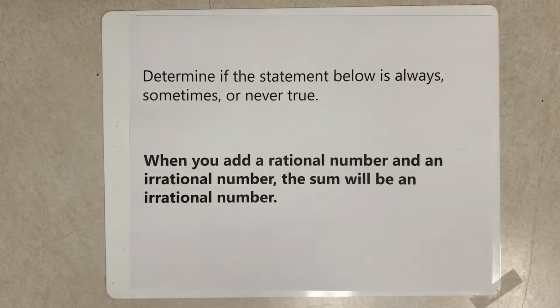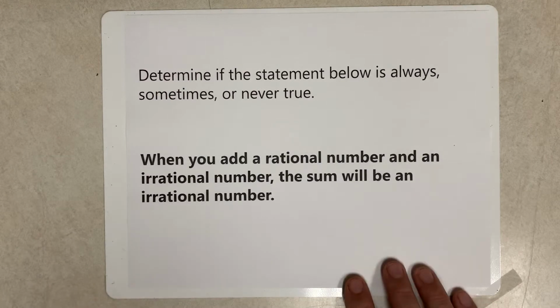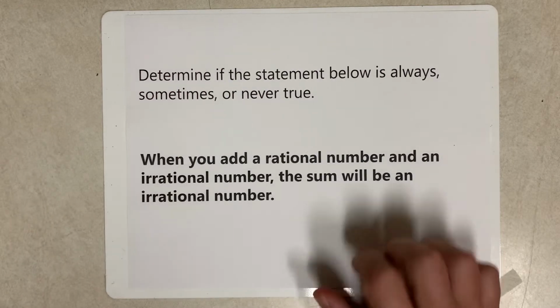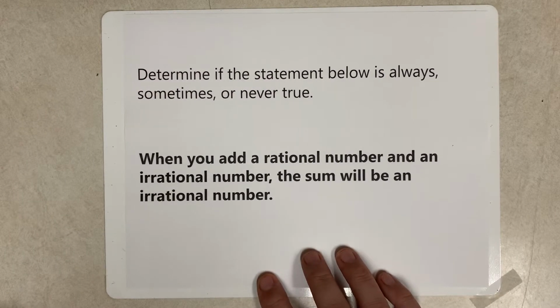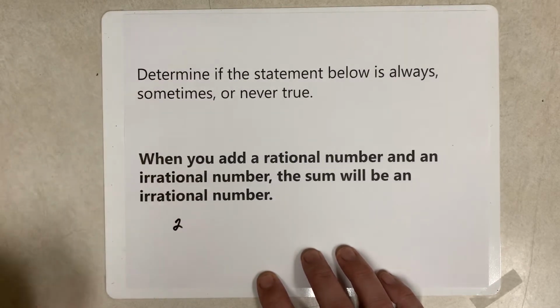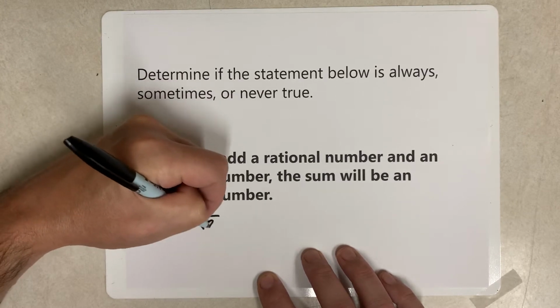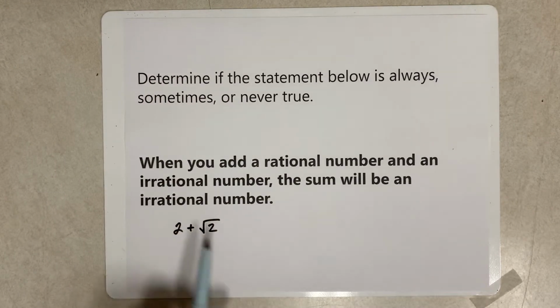Let's try this one. This one says, when you add a rational number and an irrational number, the sum will be an irrational number. Is that going to be true? Well, let's take a look. This one's a little harder to prove, but let's take a rational number like 2, and let's add the square root of 2 to that. Okay, I can't really simplify that.